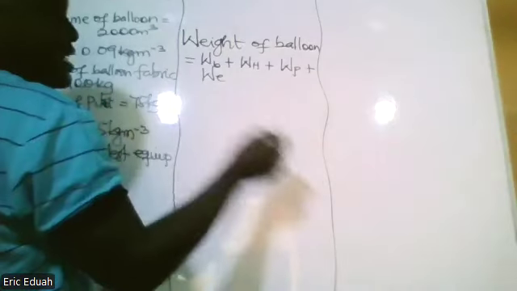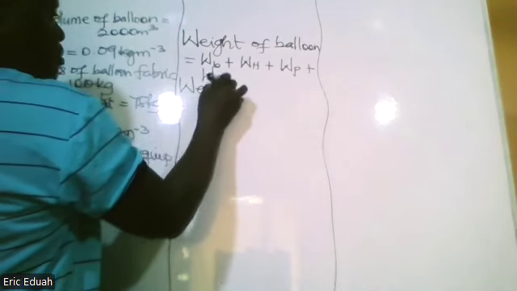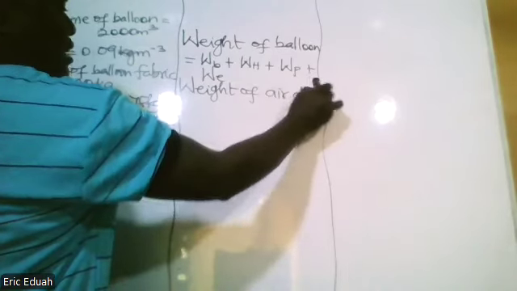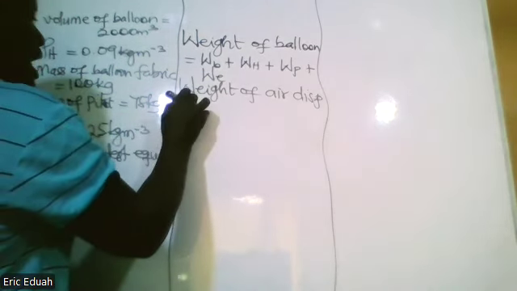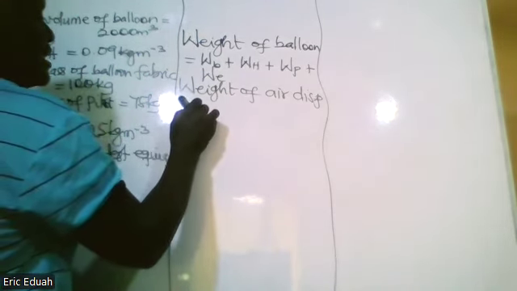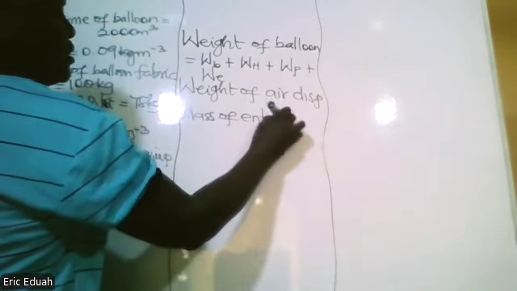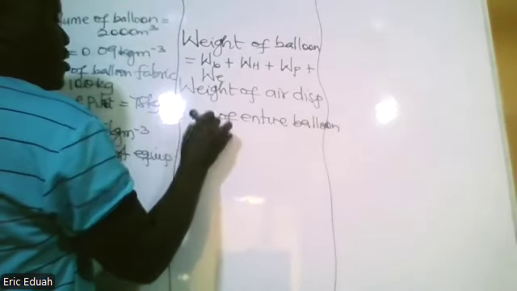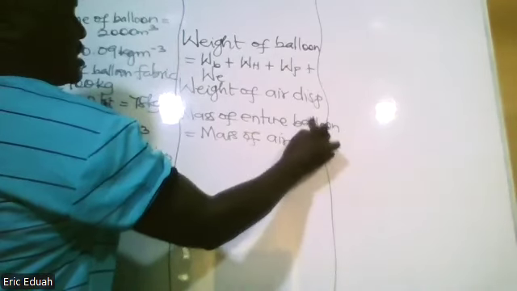All this must be equal to the upthrust, or the weight of air displaced must be equal to weight of air displaced. We can also express this as mass of balloon, everything, mass of entire balloon, also equal to mass of air displaced.